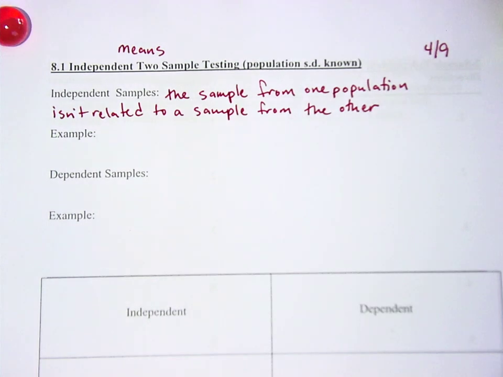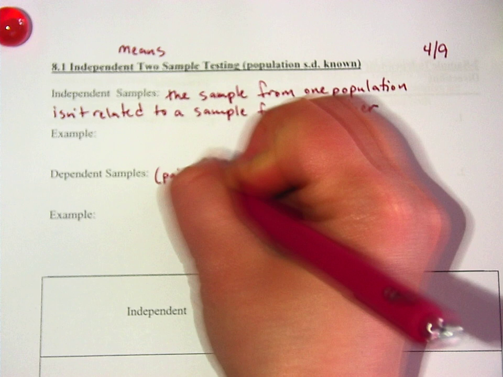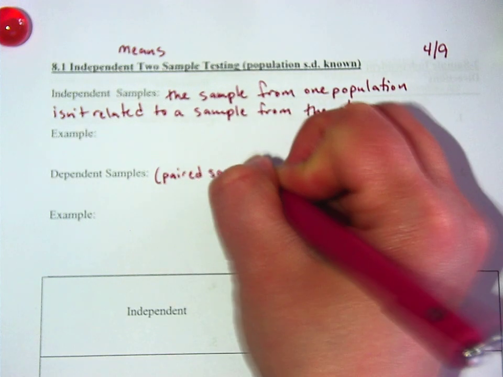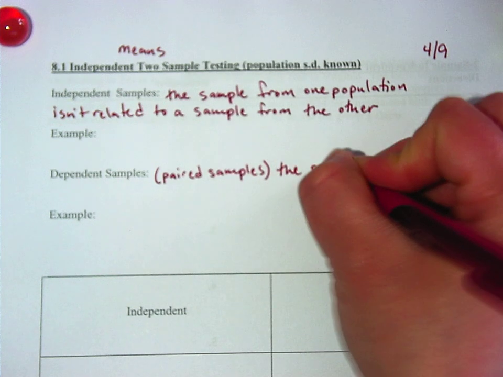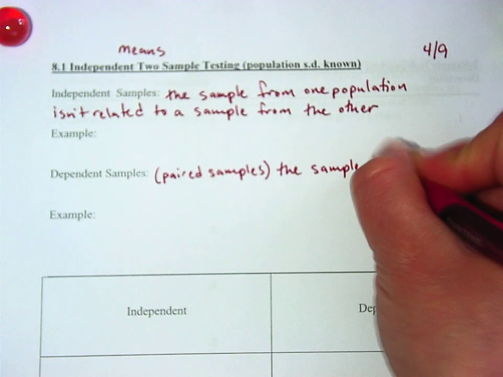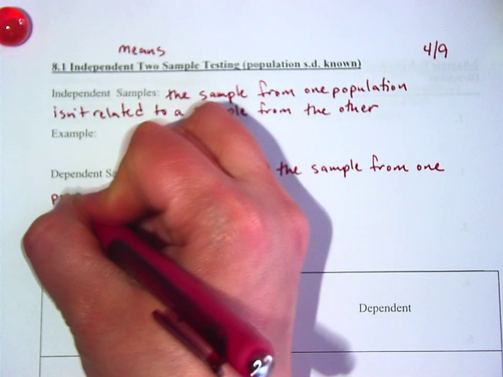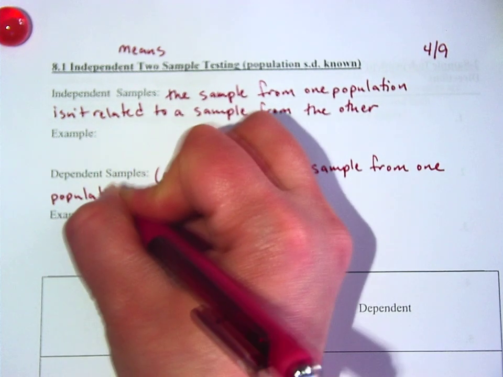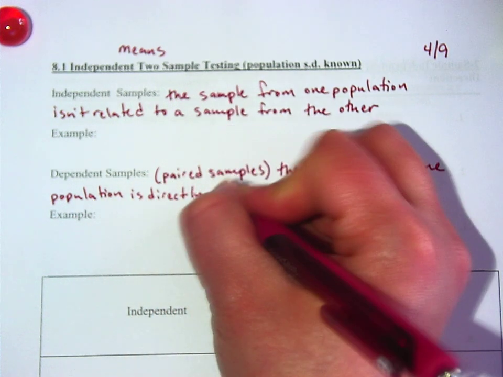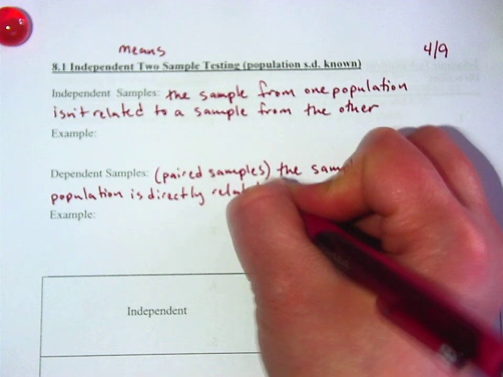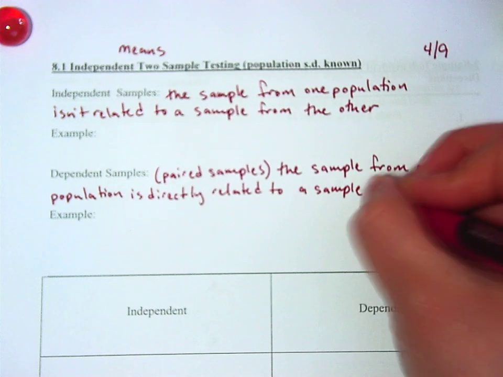Dependent samples are also called paired samples. It's where the sample from one population is directly related to a sample from the other.